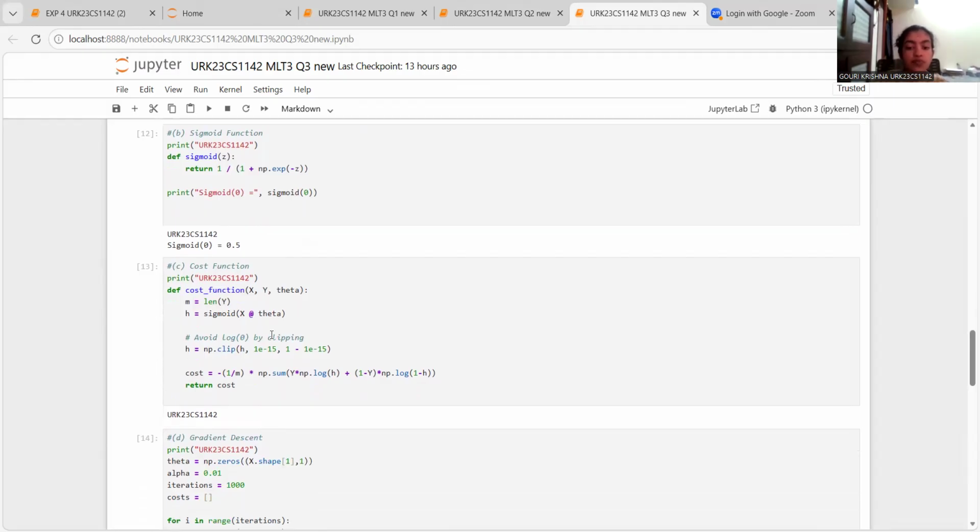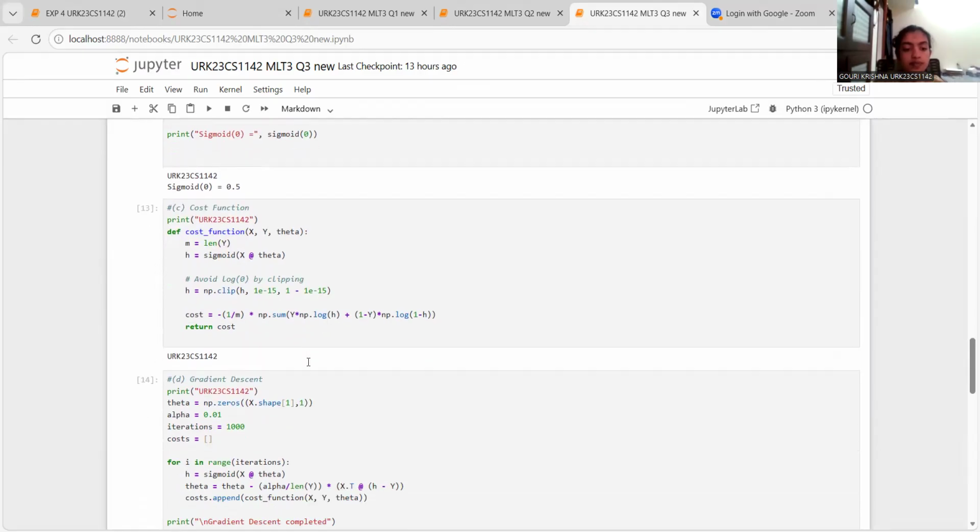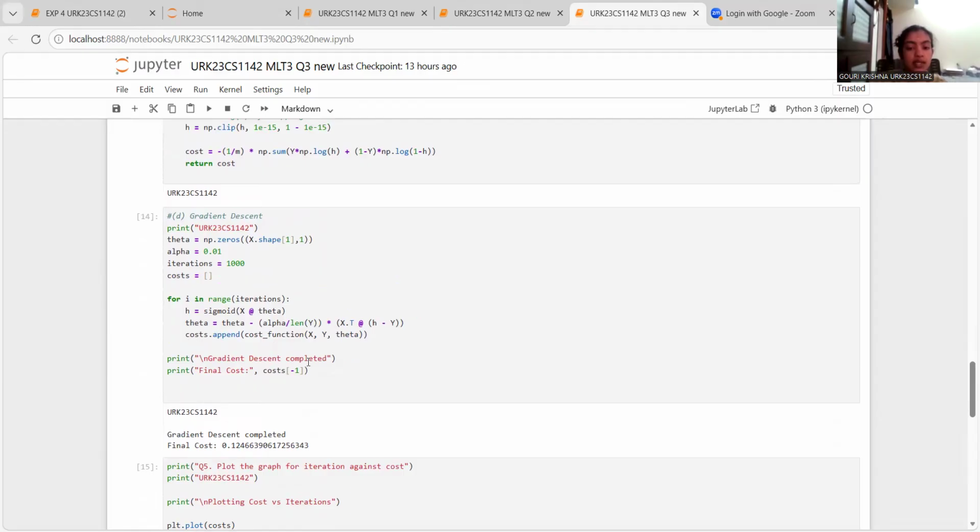The cost function measures the prediction error, and the goal is to minimize the cost. In gradient descent, the weights are updated iteratively. Alpha means the learning rate, and iterations are the number of training steps. The cost values are stored to visualize the training.